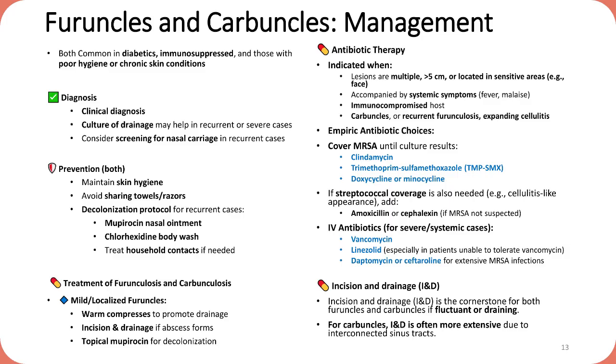Preventive strategies for recurrent furunculosis and carbunculosis include nasal decolonization with mupirocin, antiseptic body washes like chlorhexidine, good hygiene practices, and treatment of household contacts if colonization is suspected.